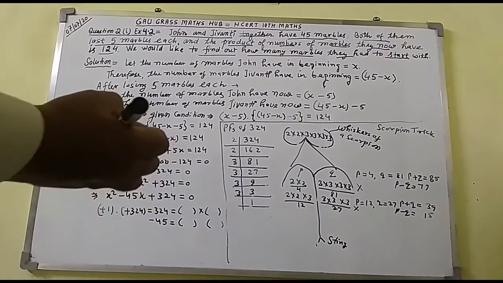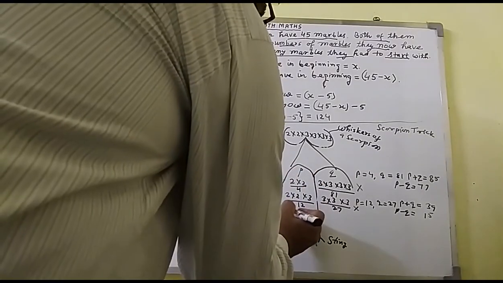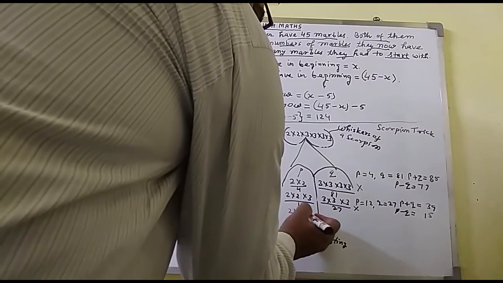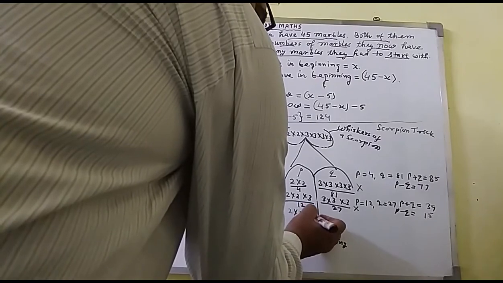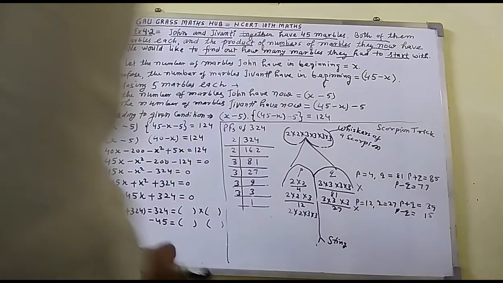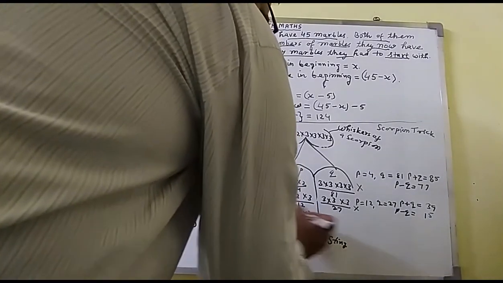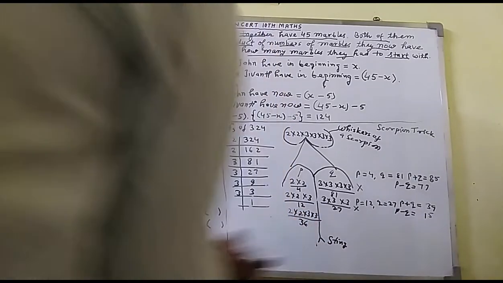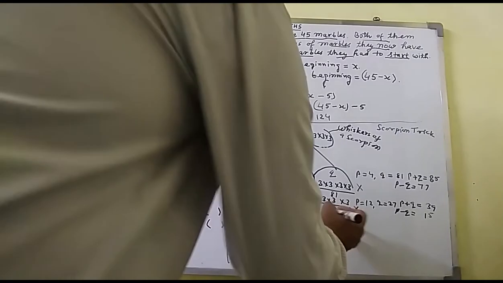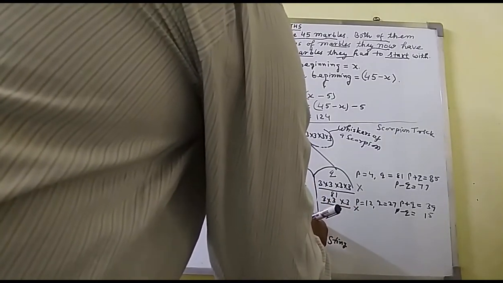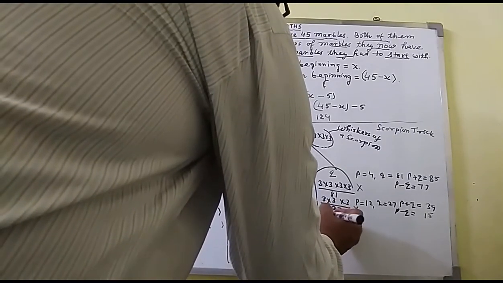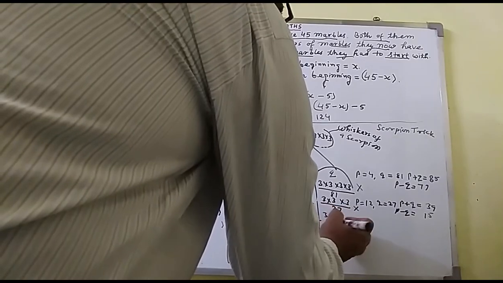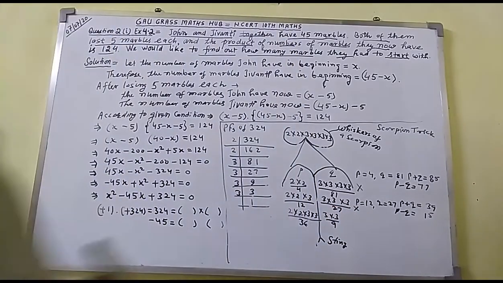The next distribution can be 2 into 2 into 3 into 3. It comes out to 2 into 2 is 4, 4 times 9 is 36, so you will get 36 here. And 2, 3, 2 have been taken here, so here you get only 3 into 3, which becomes 9.